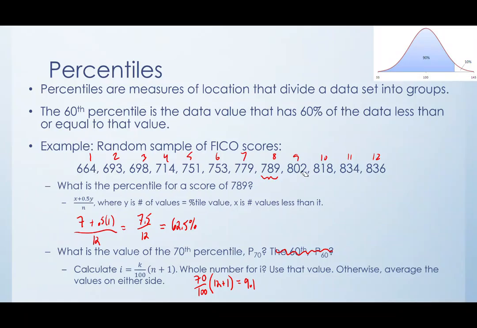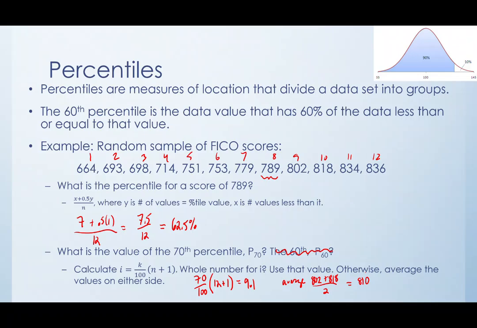But since it came out to be 9.1, what we're going to do is average the 9th and the 10th data values. This is for small data sets and is really not an exact value. So we're going to average 802 and 818, and we're going to get 810. All right, and that's going to be our 70th percentile. You can do the same thing for the 60th percentile or any other percentile that you like. It's just like that.